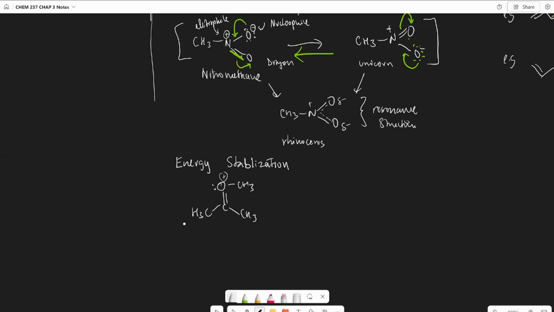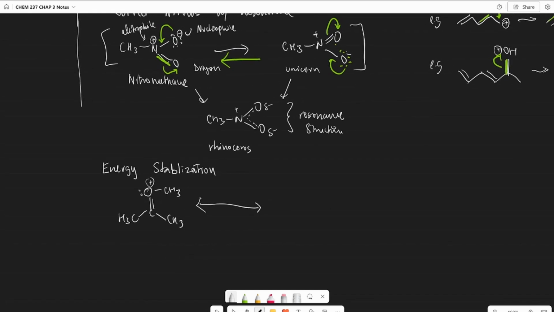So this form going to this form, CH3, C, CH3. Oh wait, I didn't draw the arrows. Whoops. So this guy's the electron rich going to the electron poor. Now you have this structure, the single bond O CH3.